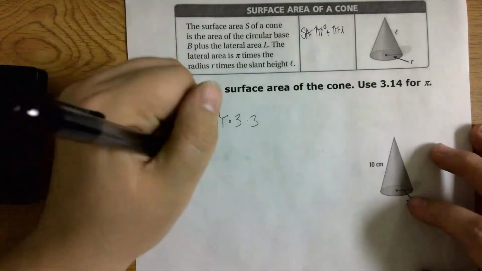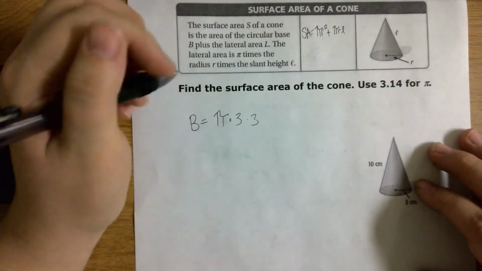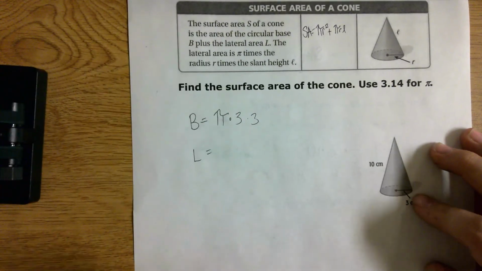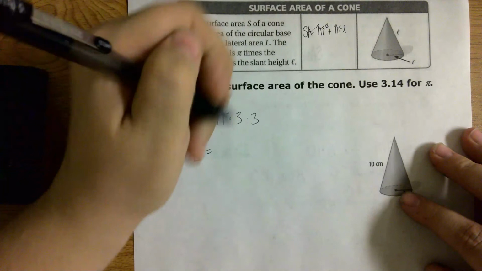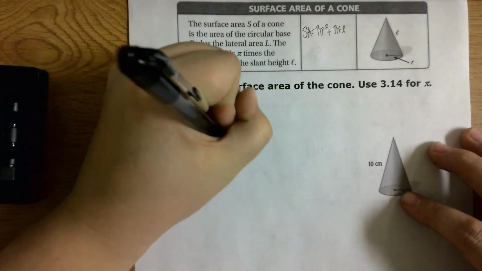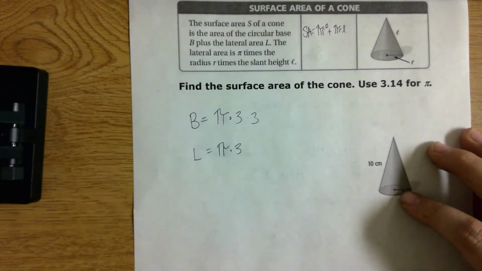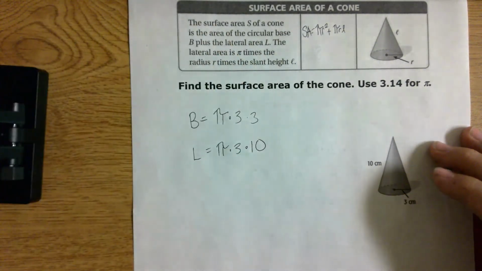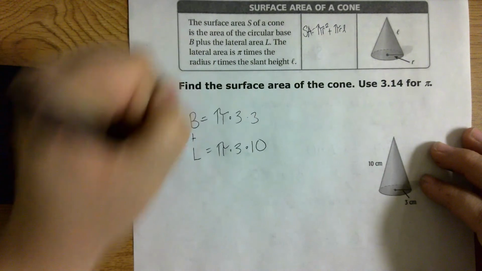And then for my lateral area, I have to take the radius, 3, multiply it by pi, and then multiply it by the slant height, which is 10. Then I will add these two for my ending.